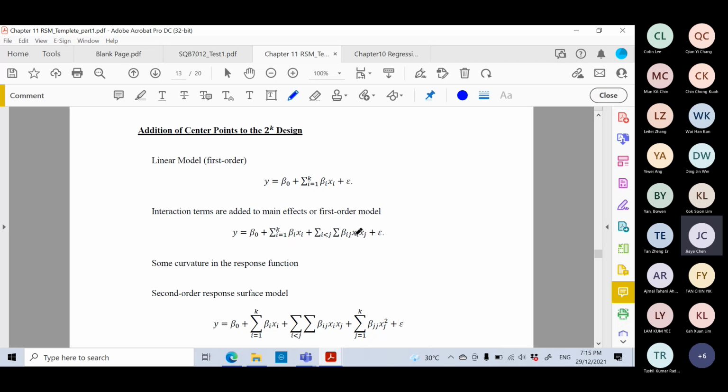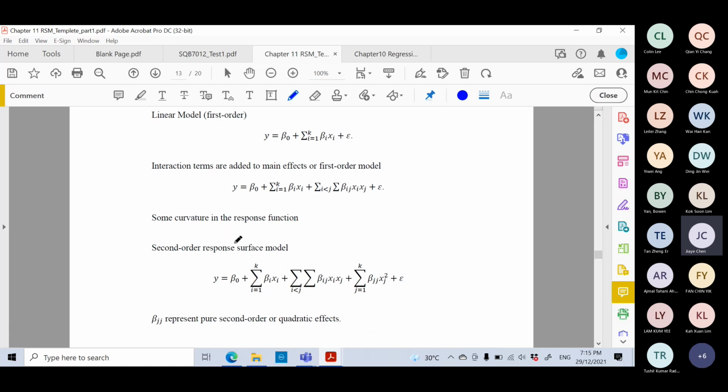But sometimes you also need to go up to the second order where you include the quadratic term here. So first we need to check whether this quadratic effect is important to be included in the model. So how are we going to check it? We use the following test to test whether the quadratic effect is important or not.